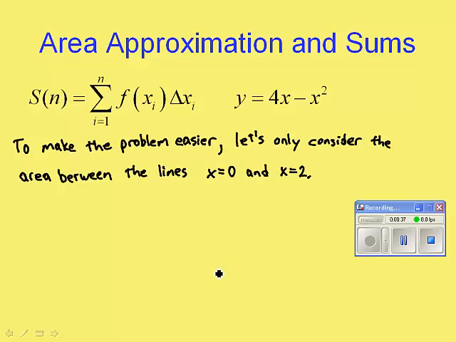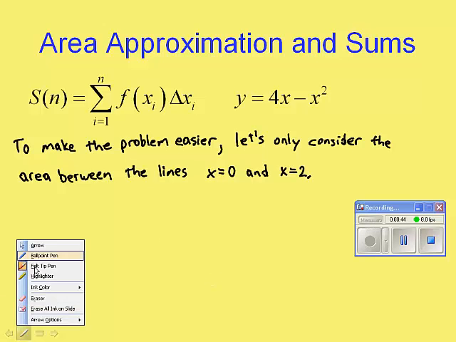Let me do that. And you might say, well, why are you doing that? Well, let me draw the picture, and maybe that'll explain it.